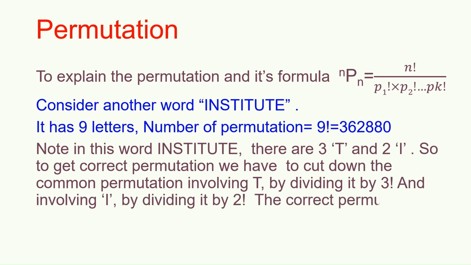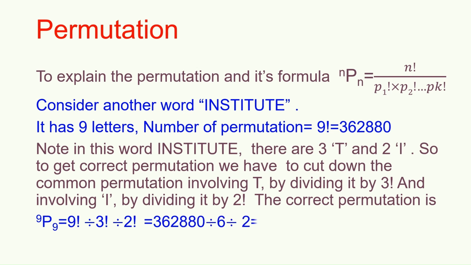The correct permutation is 9P9 equals factorial 9 divided by factorial 3 divided by factorial 2, which equals 362,880 divided by 12 equals 30240.